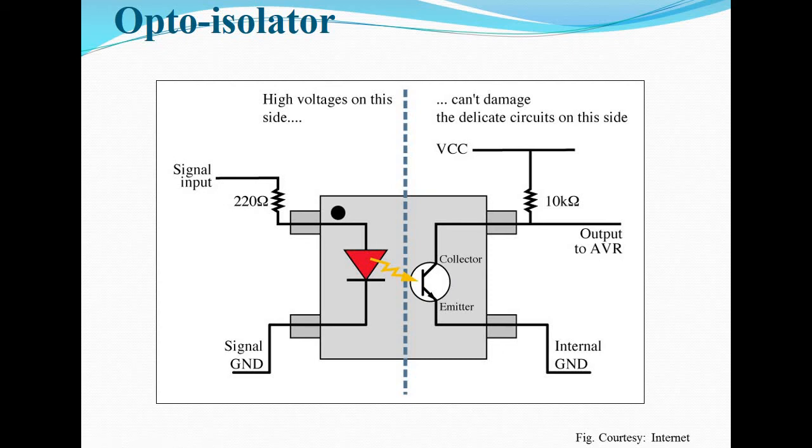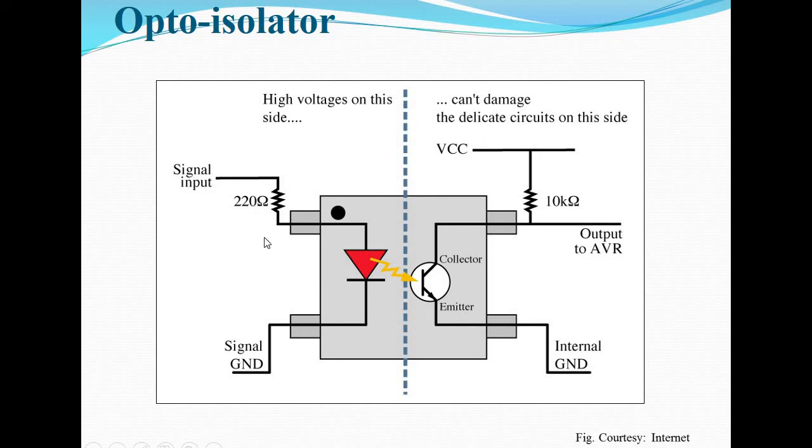The function of the opto-isolator is, if the current in this first circuit increases, it will stop the current in the second circuit. So the high voltage on this side can't damage the delicate circuit on this side.